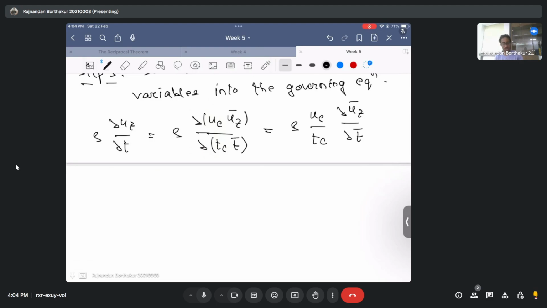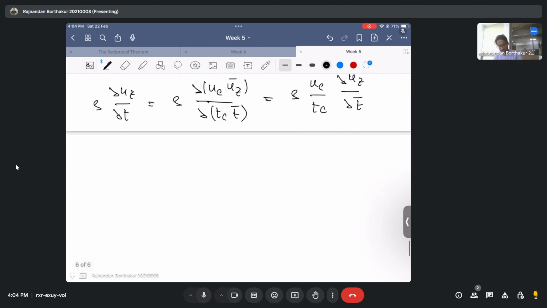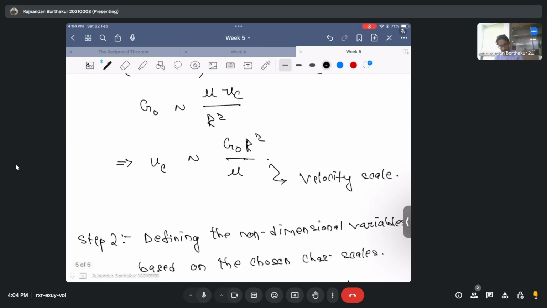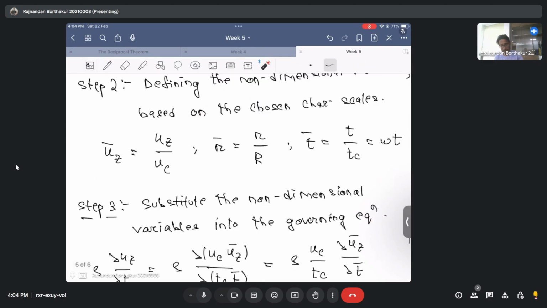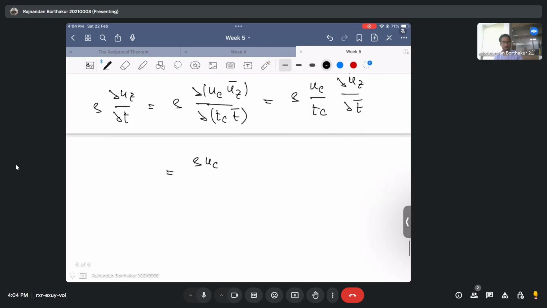And we know what uc and tc are. So this term simplifies to rho uc, where uc is g naught r square by mu, so I'll just keep it as uc, where you can always substitute uc as g naught r square by mu. Tc is omega inverse, so I'll just write it as omega.